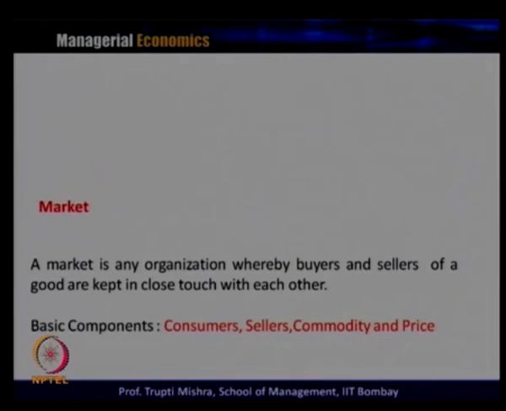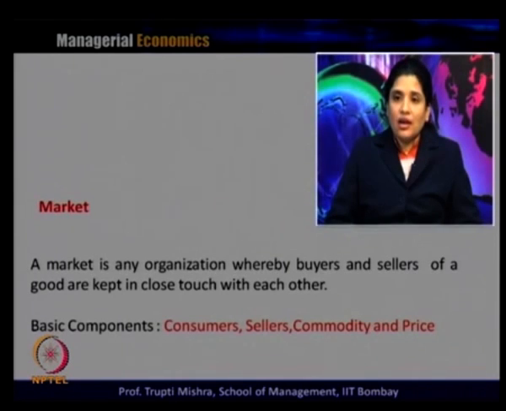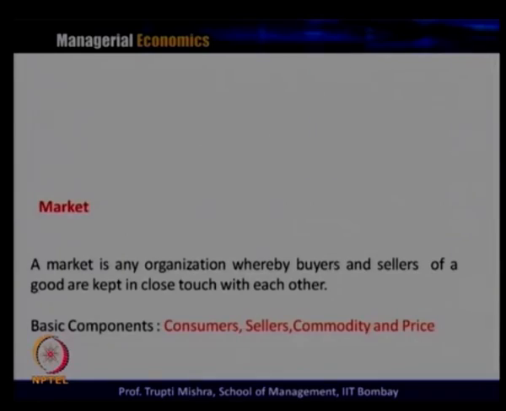So, to sum up, we can say market is any organization whereby buyers and sellers of a good are kept in close touch with each other, and there are four basic components of a market, that is consumers, sellers, commodity and price. So, consumers and sellers, they are the economic agents, one has to buy, one has to sell, both of them have to get into the transaction.